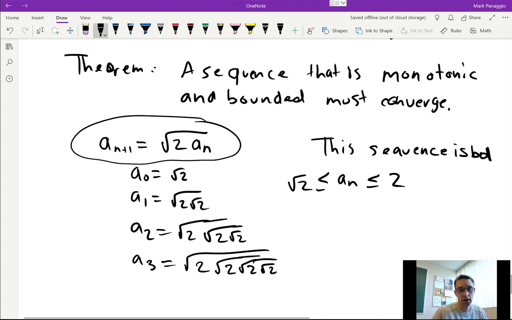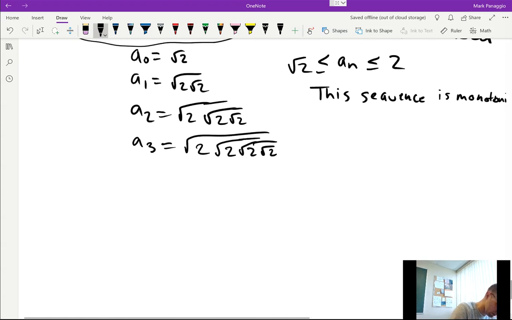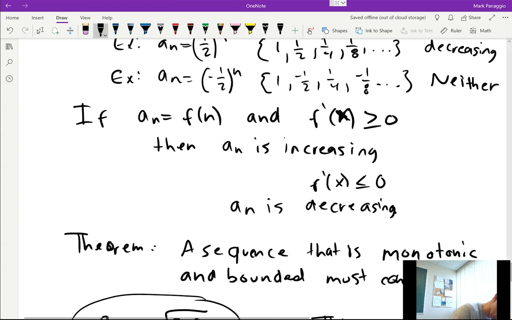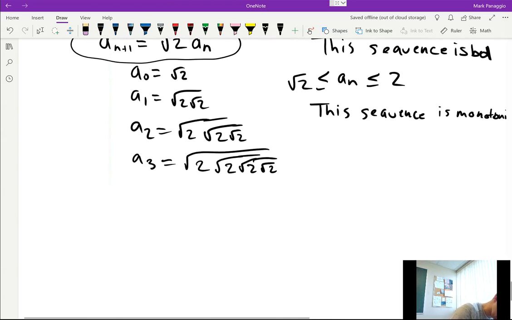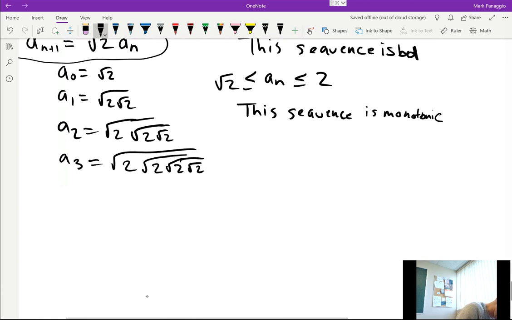All right, it takes a little bit of thought to convince yourself that that's true, but it is indeed true. And the second is this sequence is monotonic. It's actually increasing.